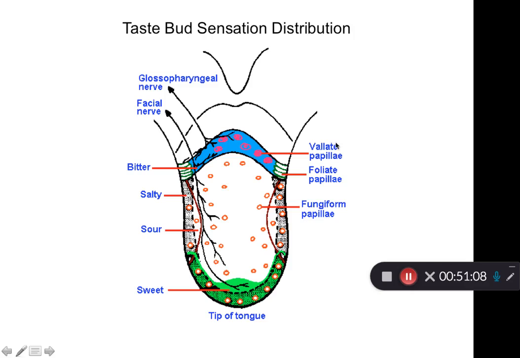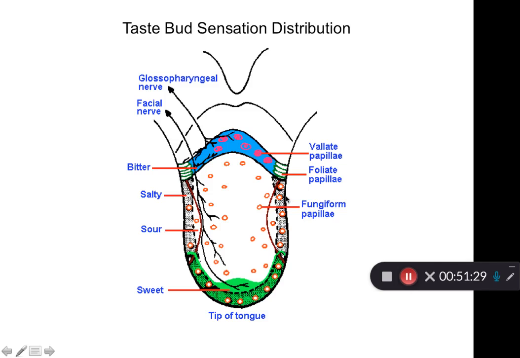We can also see the foliate papillae. Foliate papillae is specific for the milk taste sensation. Foliate papillae is located on the edge of the tongue.